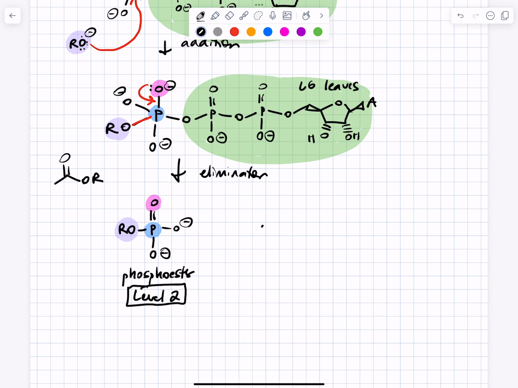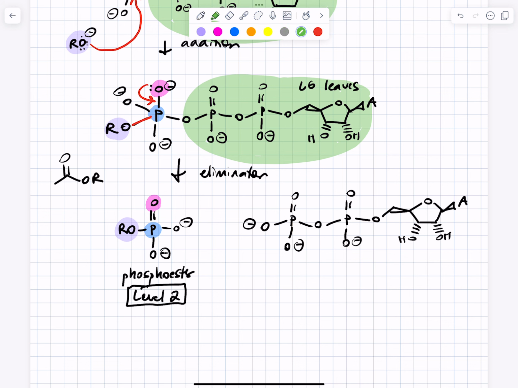And then let's look at the leaving group that left, the thing that we highlighted in green. The thing that left is ADP now. The D stands for diphosphate, meaning there are 2 phosphoryl groups in this molecule. This is the green leaving group.